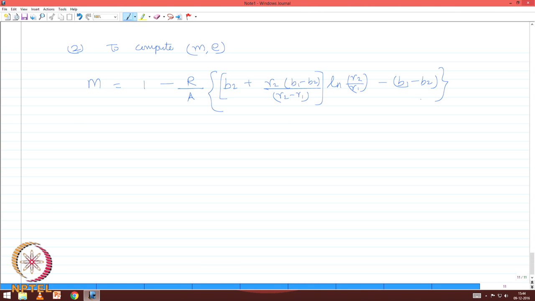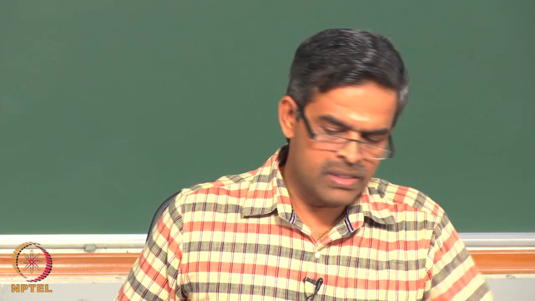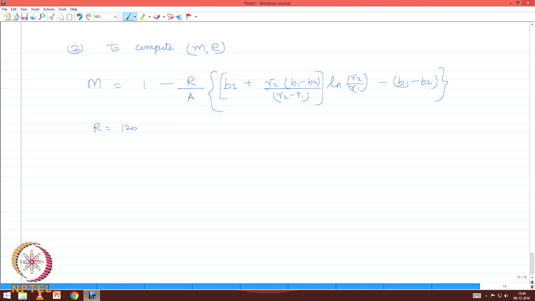That is the equation we already derived in the last lecture for a trapezoidal section. Let us substitute for our problem. R is 120, A is area 7200 mm square, B2 is 30 and B1 is 90 millimeters, R2 is 190 and R1 is 70 millimeters.